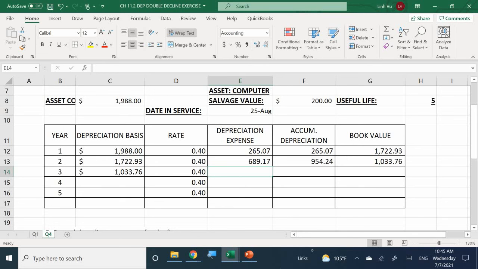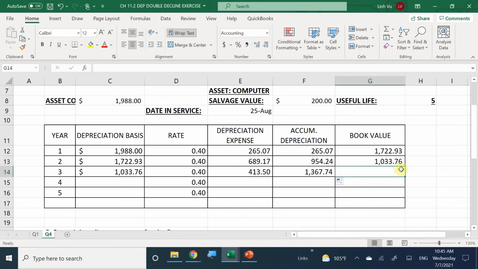What is going to be my depreciation expense now? 413.50. Good. Accumulated depreciation? I have it as 1367.73 or 74. My computer's okay, 74.